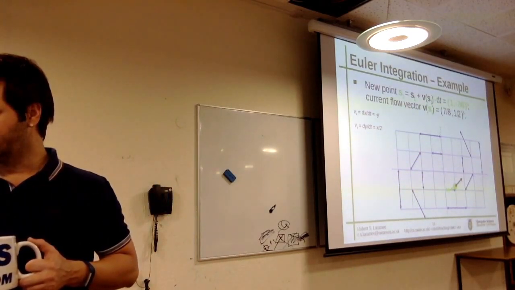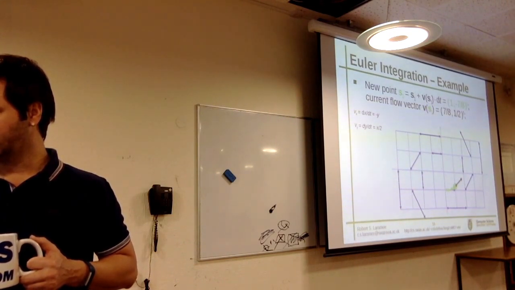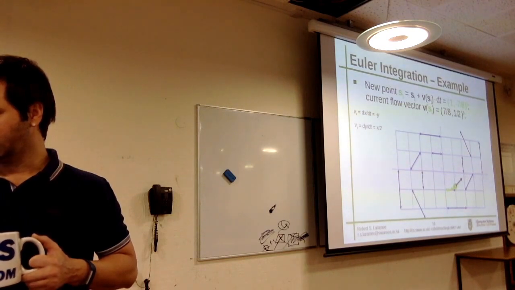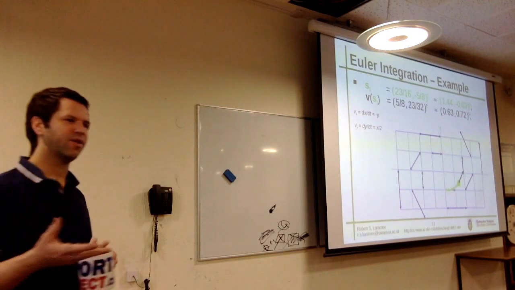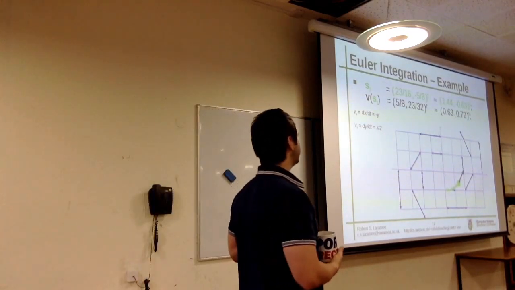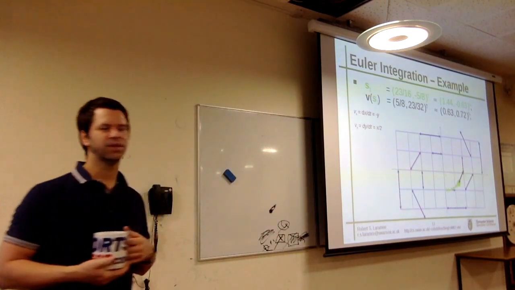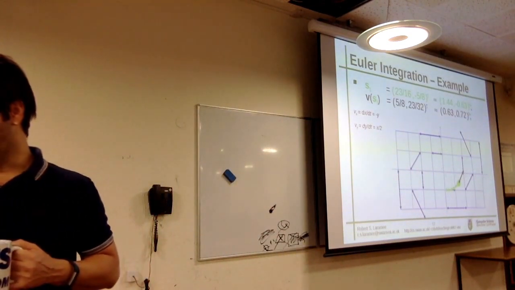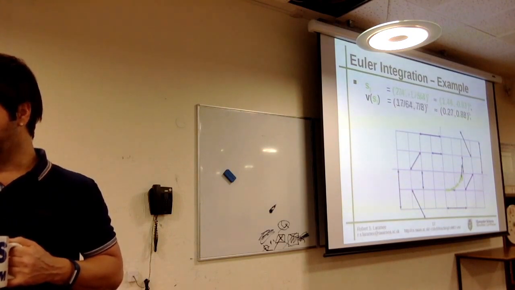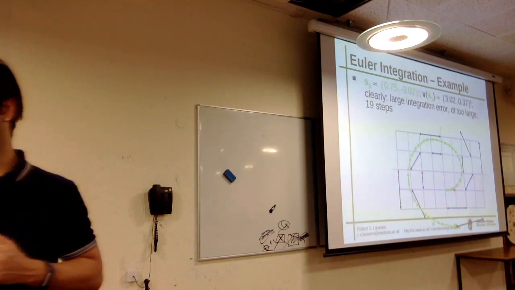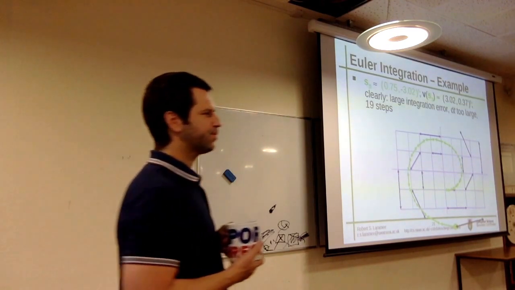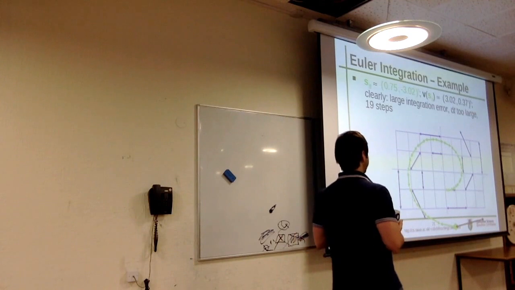So here we're at 1, minus 7/8, and then we add it. We evaluate the velocity, and then we compute the next point on the streamline. And the numbers start to get very awkward at this point, so you want to use a calculator actually to start computing the numbers. But that's the next point, and then the next point, and those are more points along the streamline, more points, and more points. So that's how we compute a streamline.